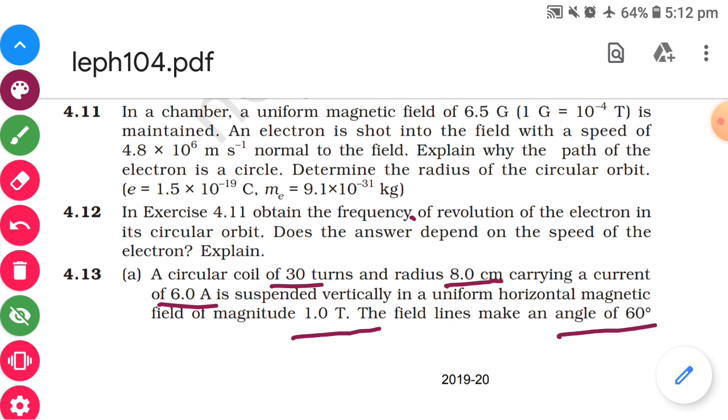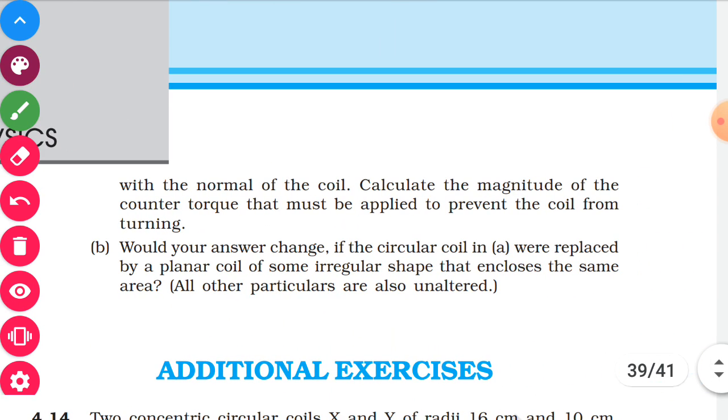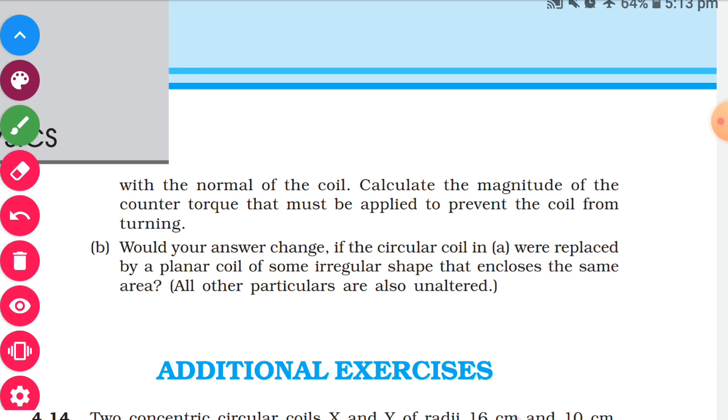We want to find the magnitude of the counter torque that must be applied to prevent the coil from turning. And would your answer change if the circular coil is replaced by a planar coil of some irregular shape that encloses the same area? The shape is irregular but the area must be the same. So this we have to answer.